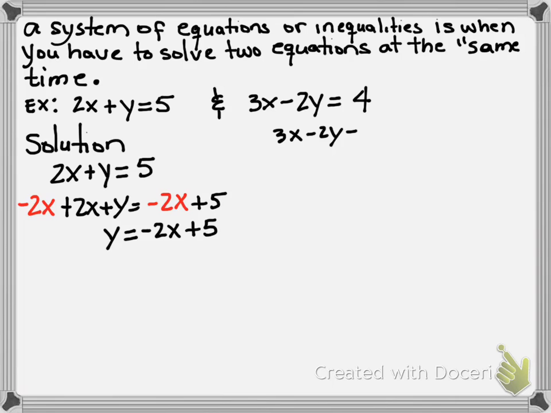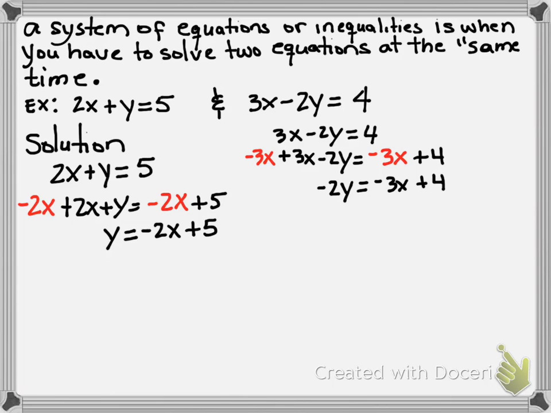Similarly, we're going to do the same thing for the second equation. We add negative 3x on both sides, which is the additive inverse of positive 3x. So we end up with negative 2y equals negative 3x plus 4. Now we're going to multiply by the multiplicative inverse of negative 2, which is negative a half, or if you wish, you can just divide by negative 2.